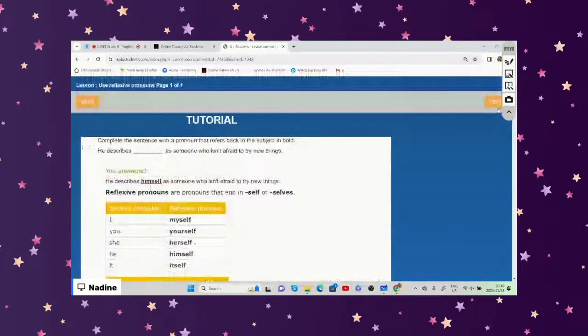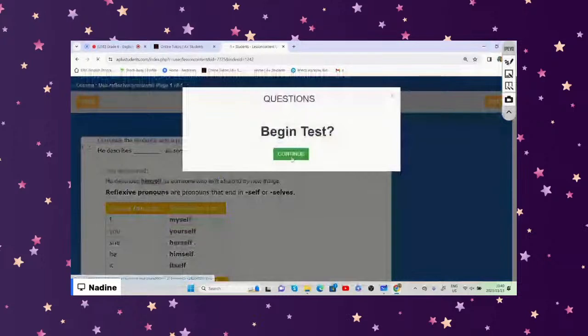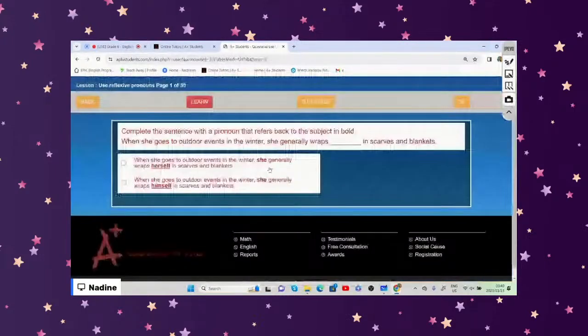All right, let's go to our test, right? So we need to complete the sentence with a pronoun that refers back to the subject in bold, right? So the pronoun, which means that we are going to choose the reflexive pronoun.